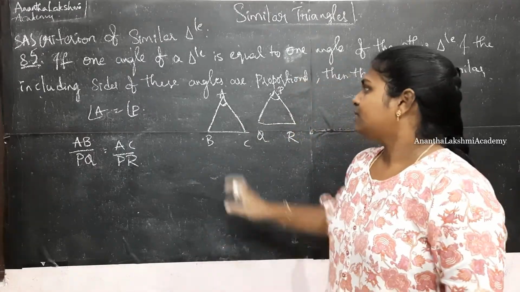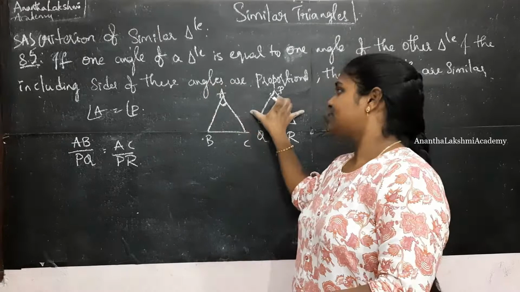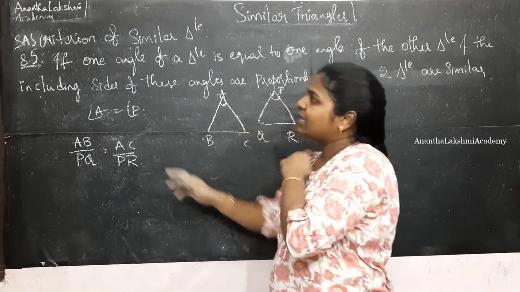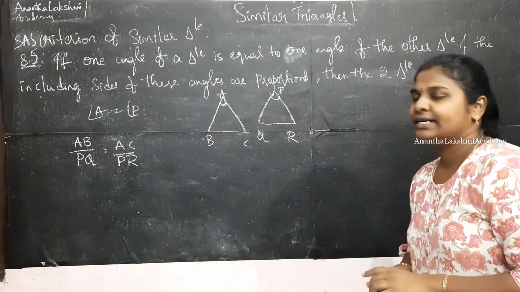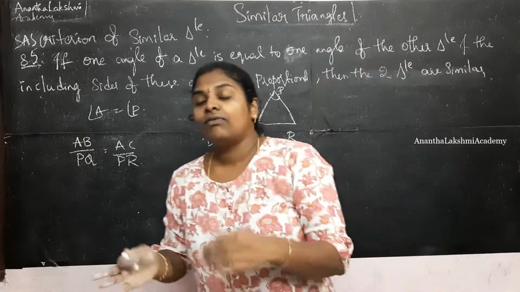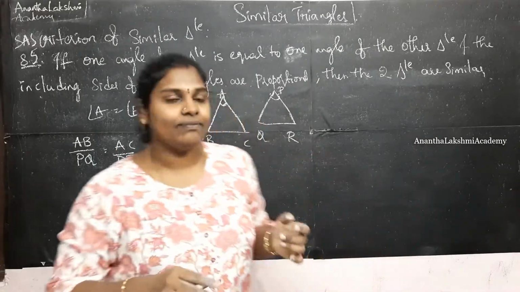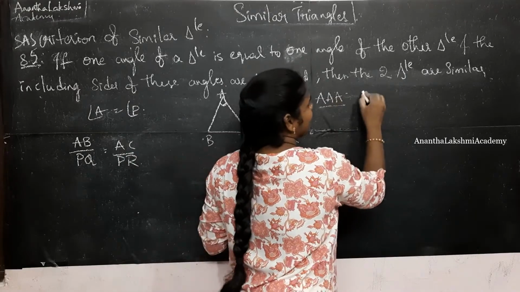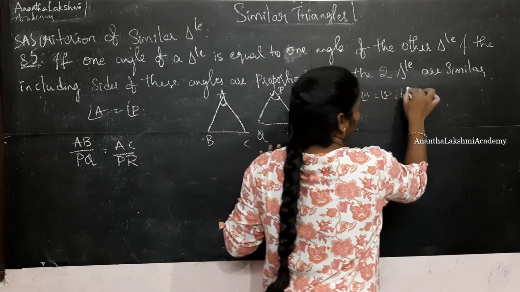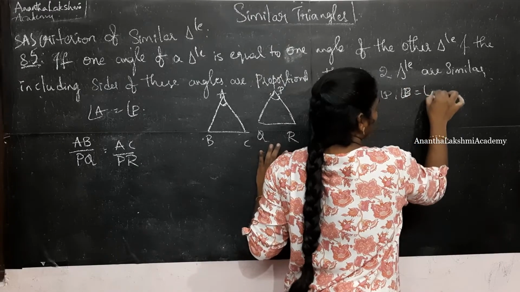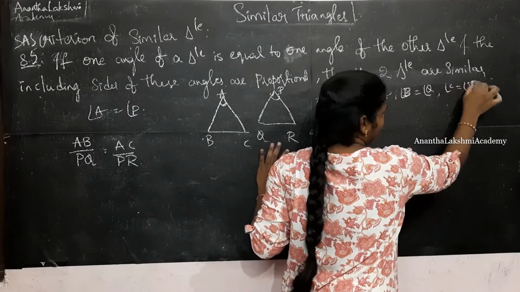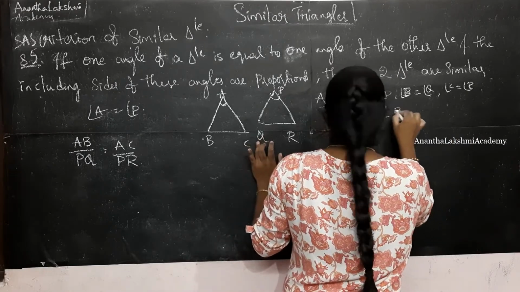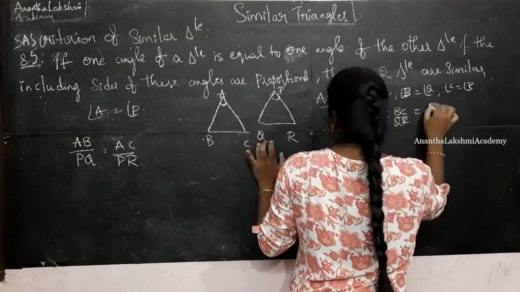So, in the problems, when one of the angles is given and the corresponding sides including the angle are given, then we could employ this theorem of SAS criterion of similar triangles. So, what did we talk about in the angle criterion? If angle A is equal to angle P, angle B is equal to angle Q and angle C is equal to angle R, then AB by PQ is equal to BC by QR is equal to AC by PR.